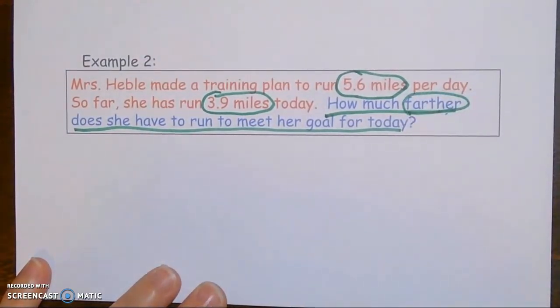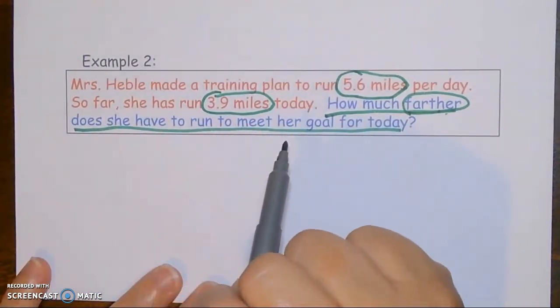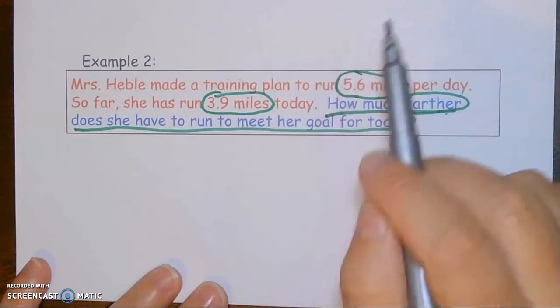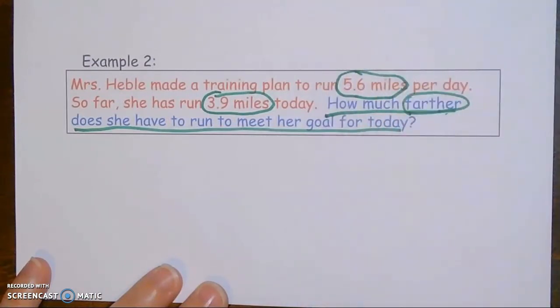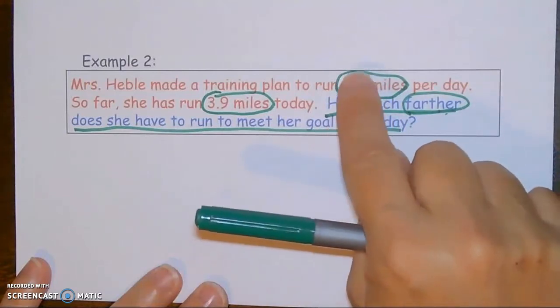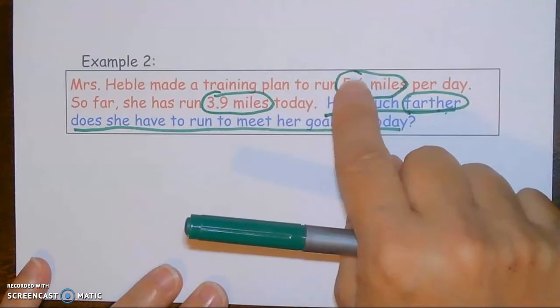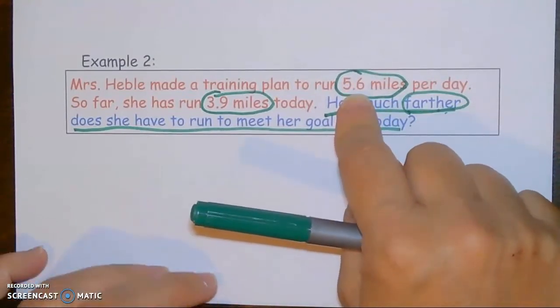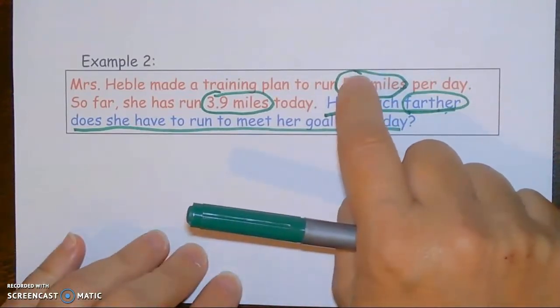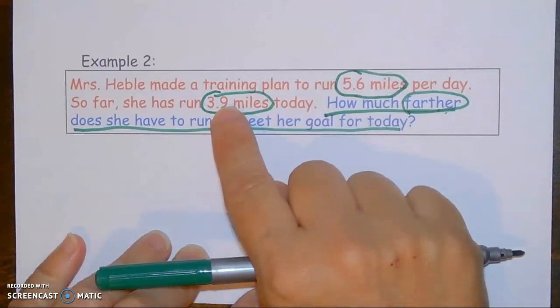The word farther tells us that she has only run part of the way. She hasn't run the whole way or the total. Okay, she hasn't run that second part yet, but we do have the total that she's supposed to run that's in our story right here. So when we have a total and we have a part, we have to find the other part.